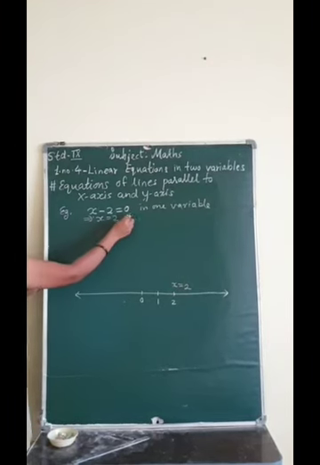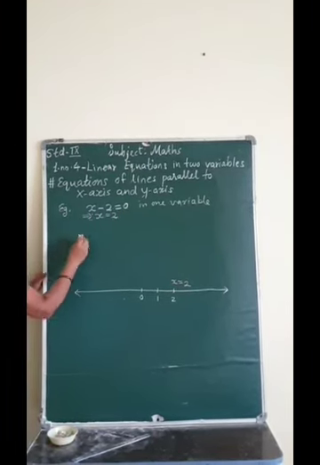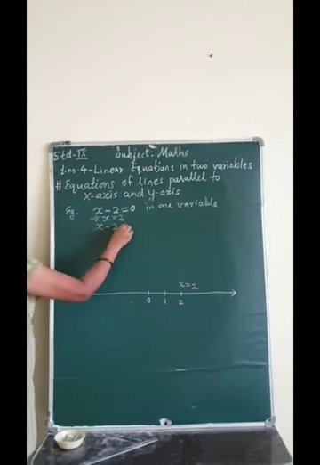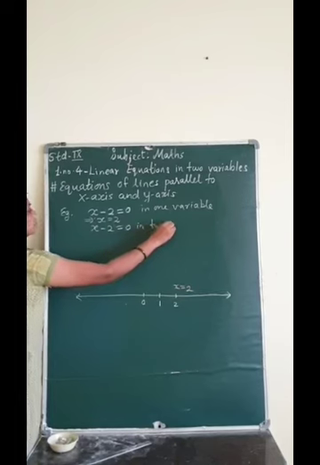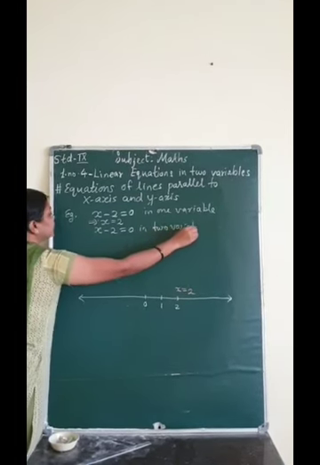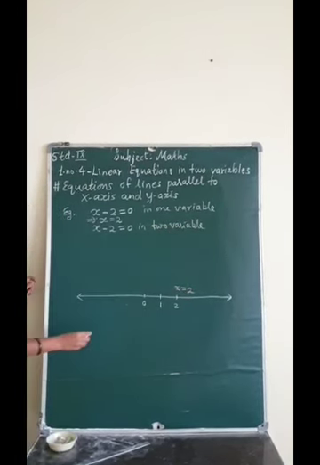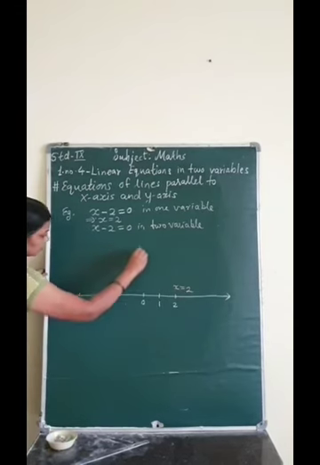So how to represent this equation in two variables? For that, first of all, we need to draw a Cartesian plane.